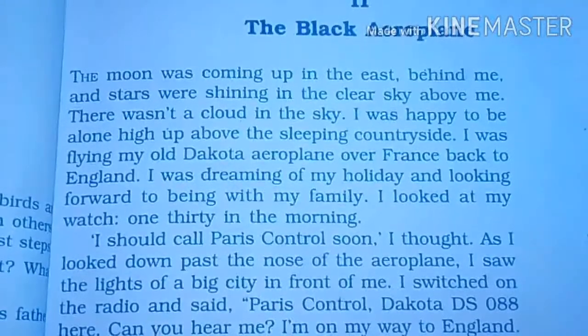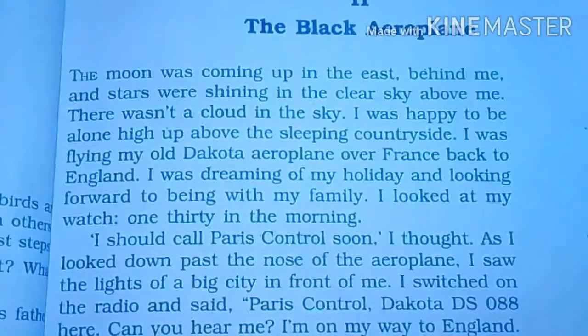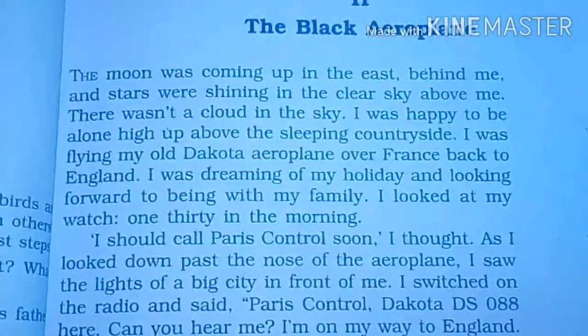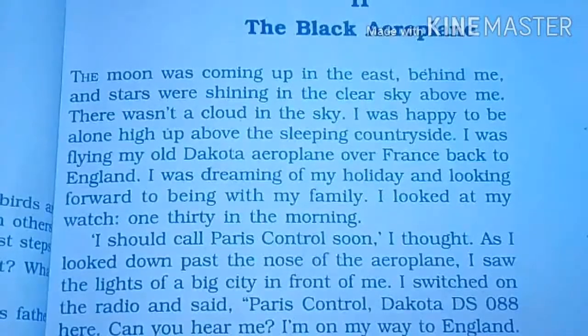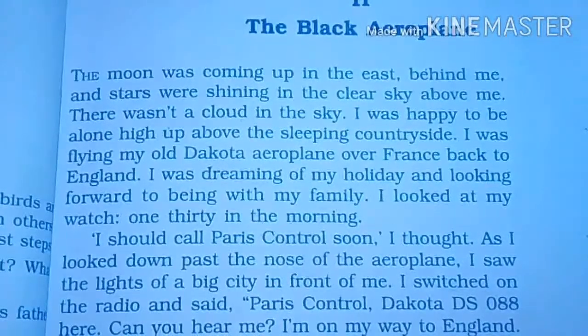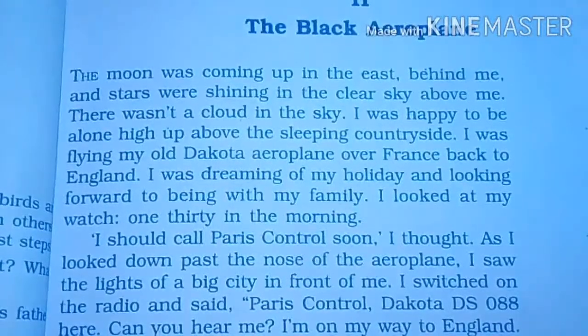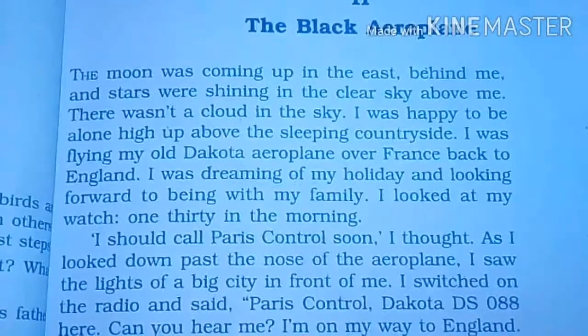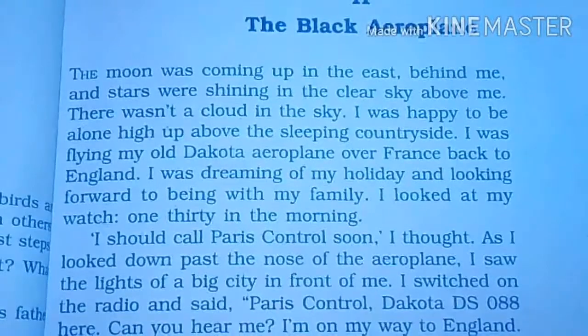He was returning to his home, that is England. It was a night flight, and this describes the surroundings. So the story begins with the setup around the author as he was making his journey back to his home.